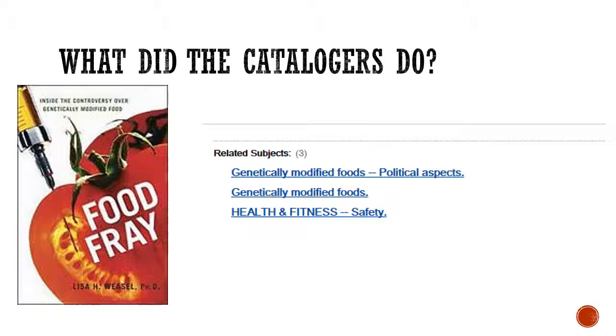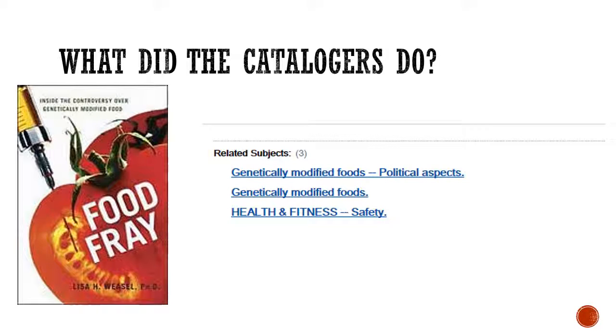So what did the catalogers do with our book, Food Fray? They used genetically modified foods' political aspects. That's hard to tell from the title, but probably in the introduction you would see that they're taking a particular political stance in this particular book about genetically modified foods.